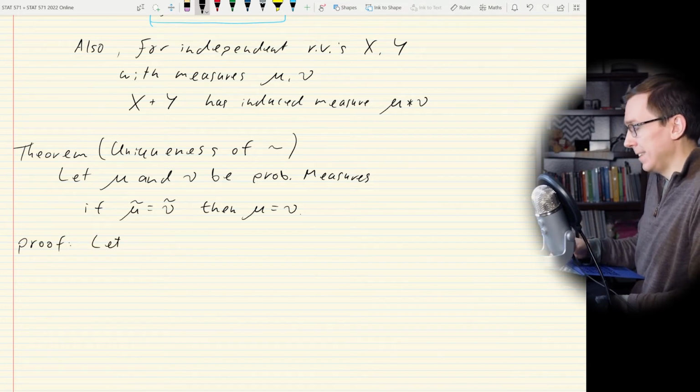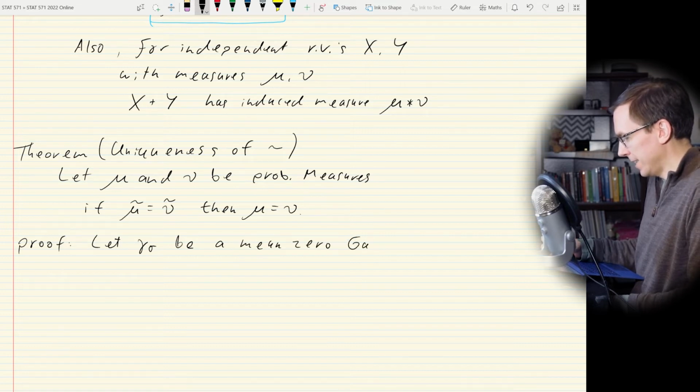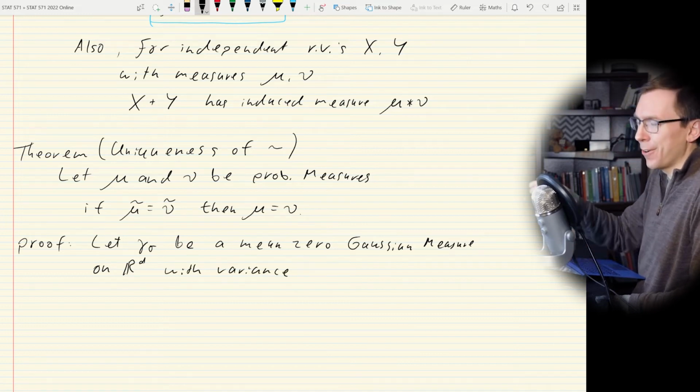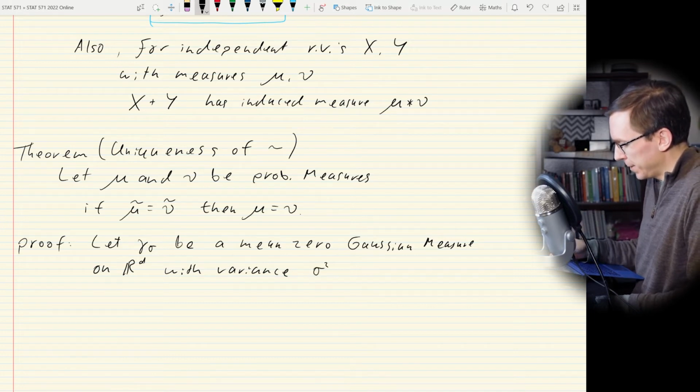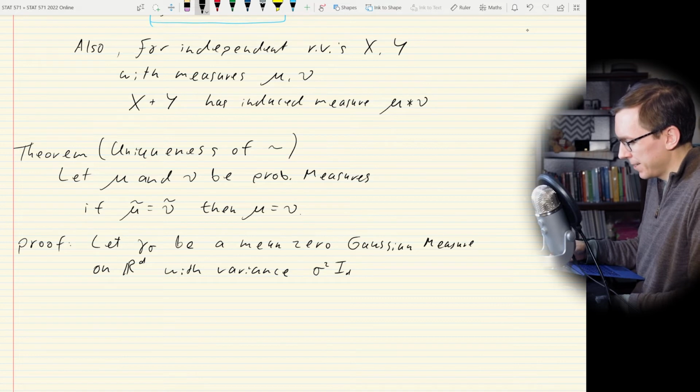Let gamma sigma be a mean 0 Gaussian measure, as defined above, on R^d with covariance matrix sigma squared times I, where I is the d-dimensional identity matrix.